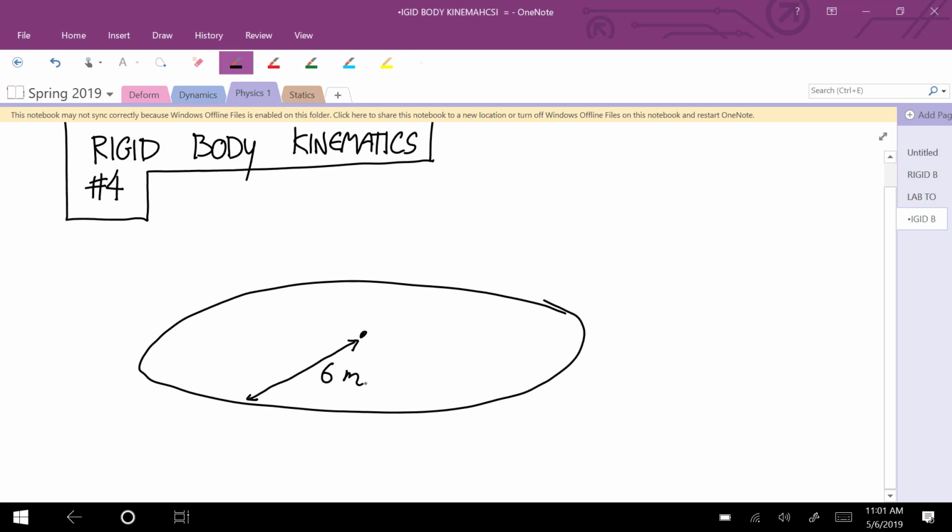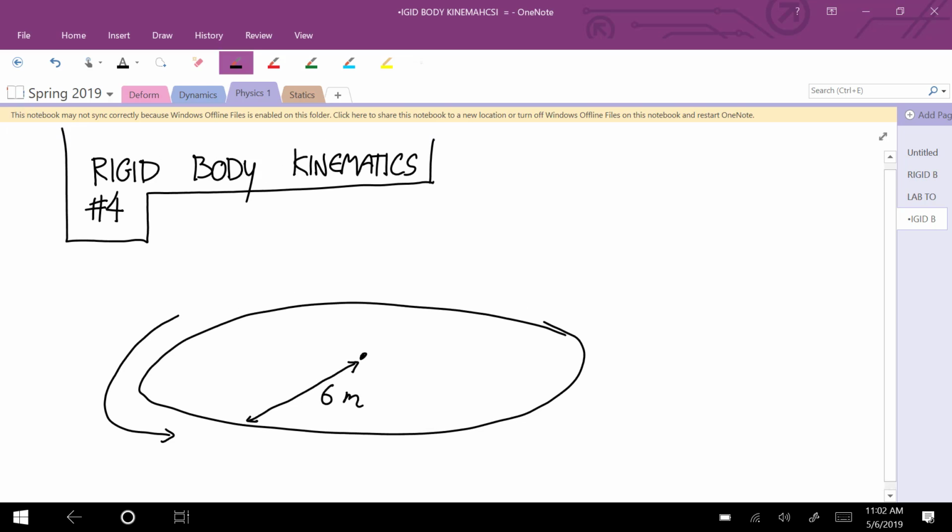And so we have this thing rotating around with a constant angular velocity of 0.8 radians per second.